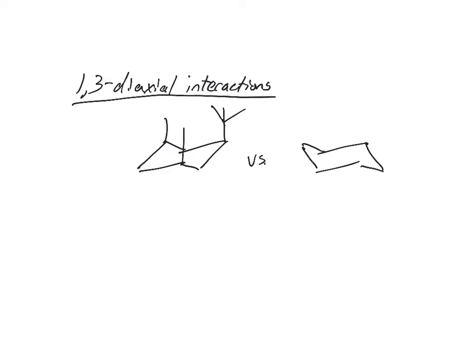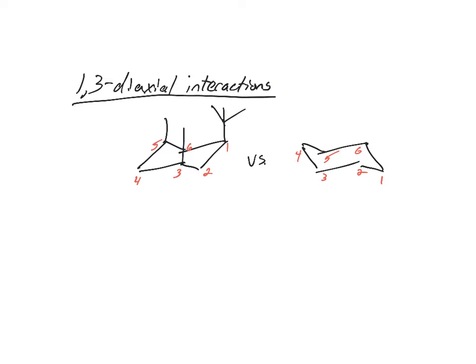So if we were to take this thing and do a ring flip, let's number our carbons. All right, if we did a ring flip, carbon 1 gets pulled down, carbon 4 gets pulled up, so the head becomes the foot becomes the head. So this is 1, 2, 3, 4, 5, 6.